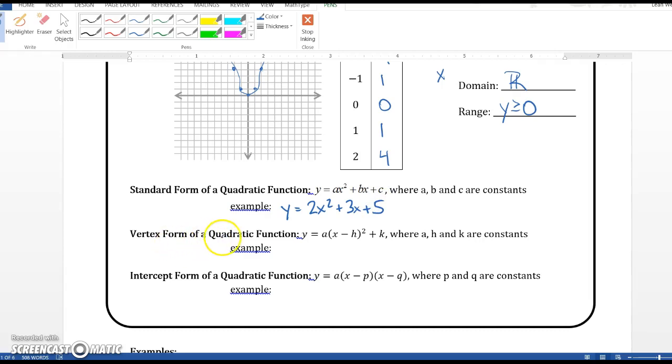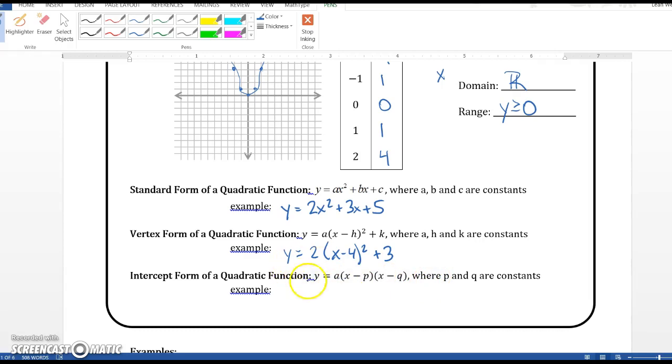Okay, vertex form is going to look like this, where a, h, and k are going to be constants, they're going to be numbers. So it could be something like 2 times (x minus 4) squared plus 3. And then intercept form looks like this. p and q are constants, and also the a.